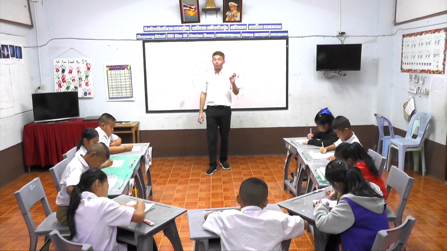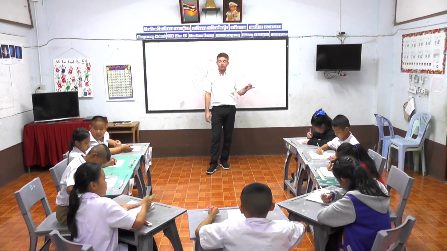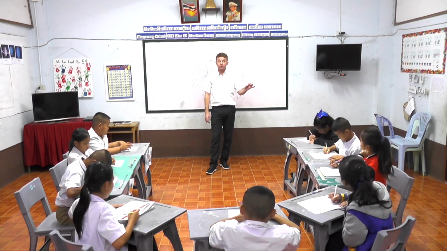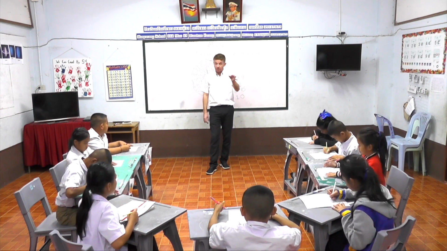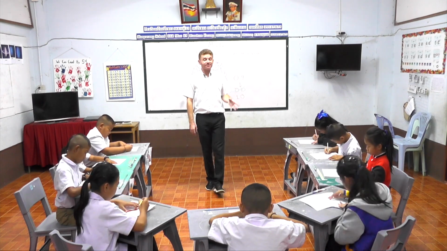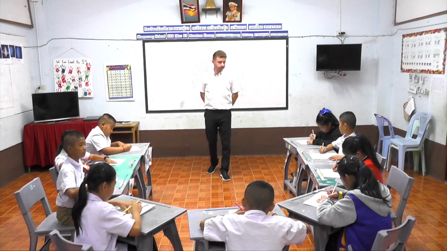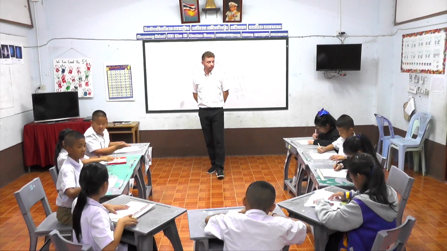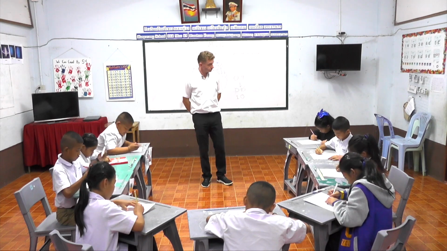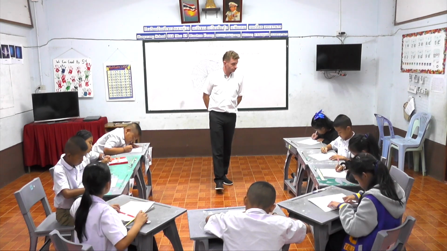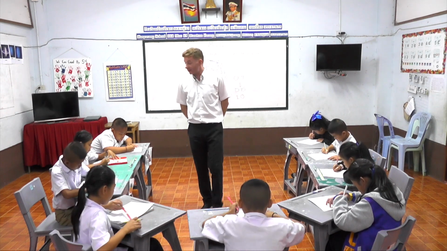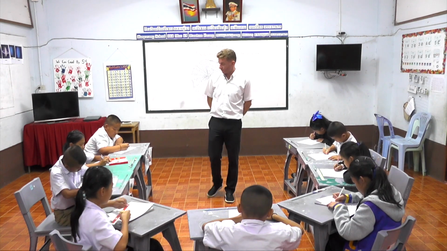For 0.3, how many parts will you colour? 3 parts, yes. Concentrate on the number after the decimal point. So each circle has 10 parts. Then, depending on your decimal number, how many parts will you colour?